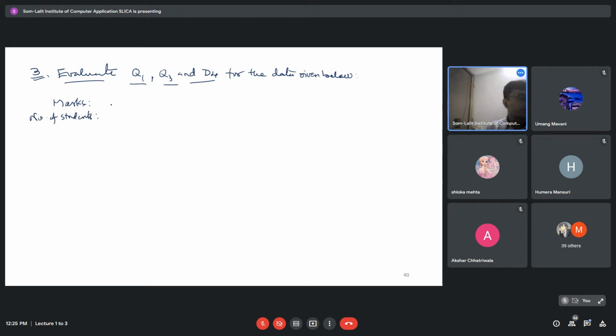The marks are 5 to 10, which is 5; 10 to 15, which is 6; then 15 to 20, that is 15; 20 to 25, which is 10; 25 to 30, which is 5; 30 to 35, which is 4; 35 to 40, which is 2; and 40 to 45, which is 2.